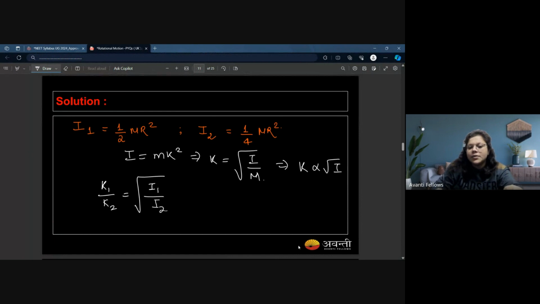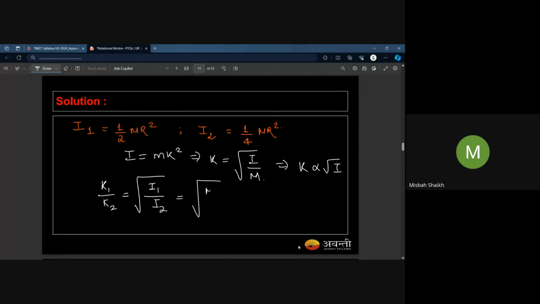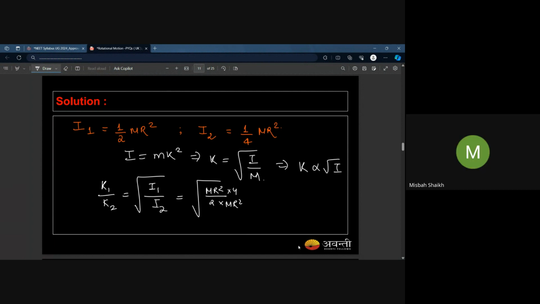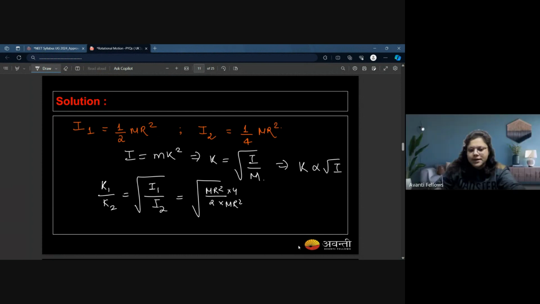So you can put the value I1 as MR square by 2 and I2 as MR square by 4. And it is your option B indeed.